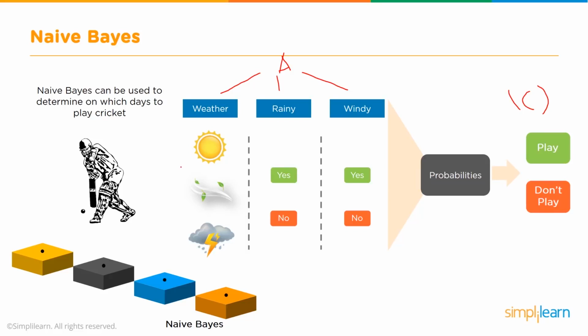In this case, if the probability P(C|A) is more than 0.5, we will be able to play a game of cricket. If it's less than 0.5, we won't be able to do that. That's how the Naive-Bayes algorithm works.